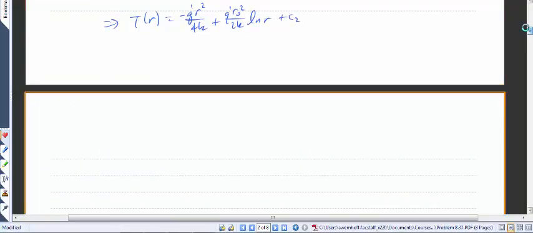Next we can apply our convective boundary condition. This states that h times (T infinity minus T) evaluated at R sub i is minus k dT/dr evaluated at R sub i.